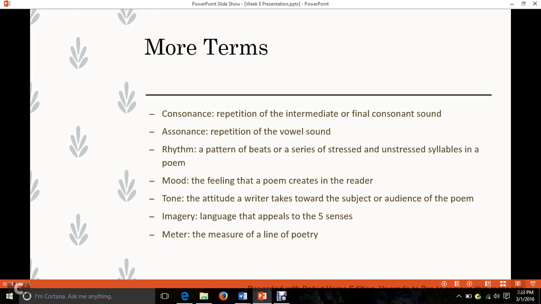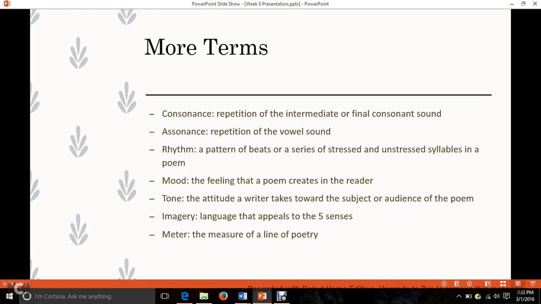Mood has to do with the feeling that a poem creates in the reader. And I think that's an important part to look at because we're talking about tone this week. And tone is the attitude of a writer and how the writer's attitude is expressed about the subject of the poem or the audience of the poem, how the writer expresses a particular attitude. And mood is the feeling that a poem creates in you, in the reader.